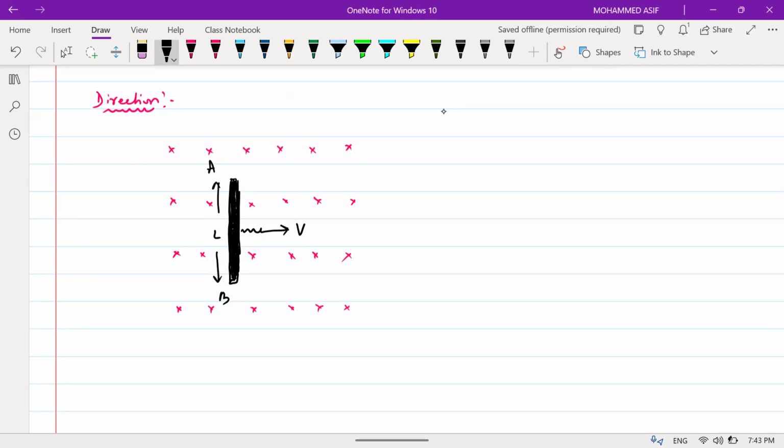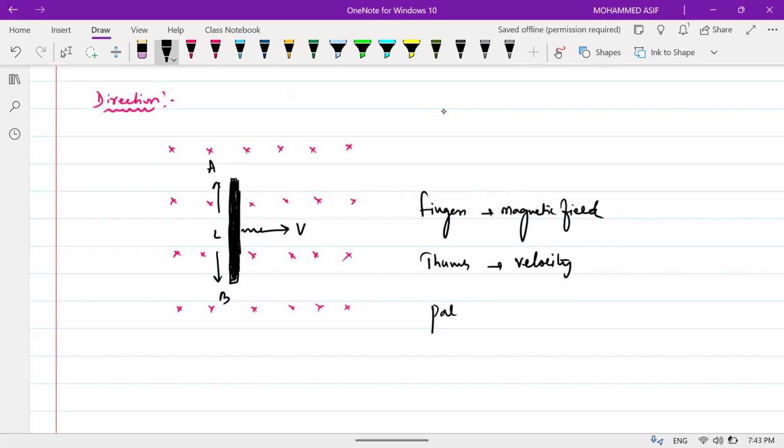Now everyone take your right hand. Fingers will give the magnetic field, so fingers should be in the direction of the magnetic field. Thumb should be in the direction of velocity. And the palm will give the higher potential terminal.